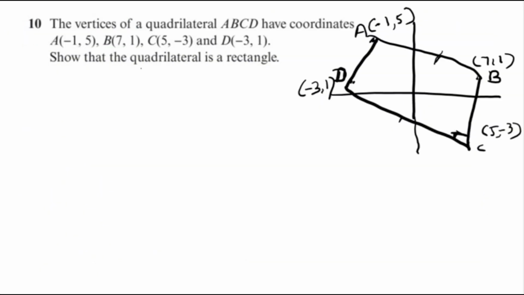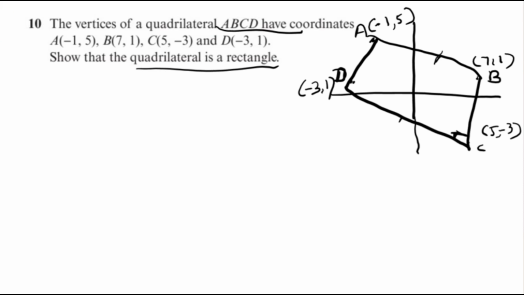Question number 10. The vertices of the quadrilateral ABCD, whose coordinates are given, show that the quadrilateral is a rectangle. Now to prove this type of question, it's better to first draw a rough sketch of the coordinates which are given.